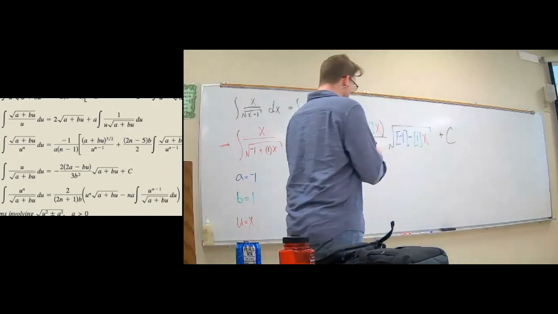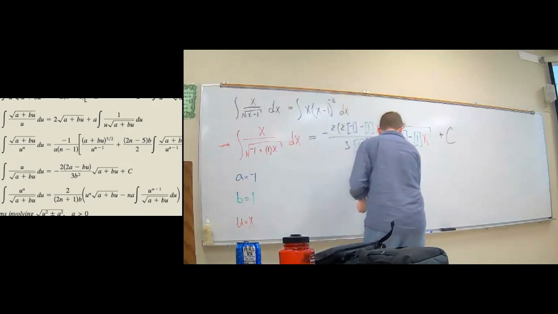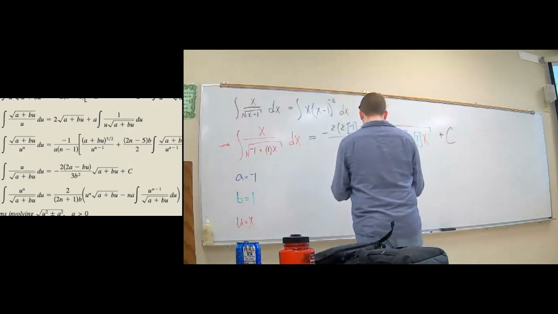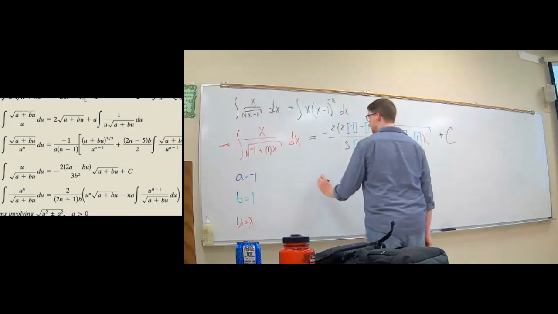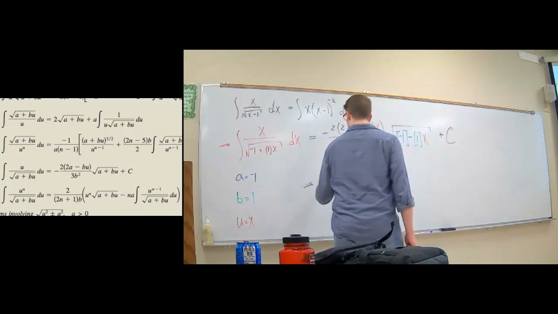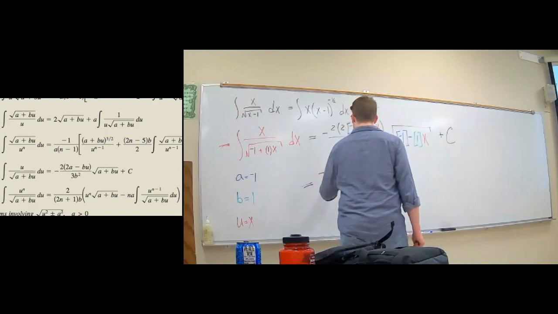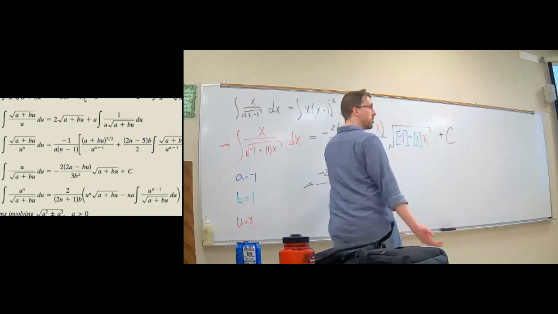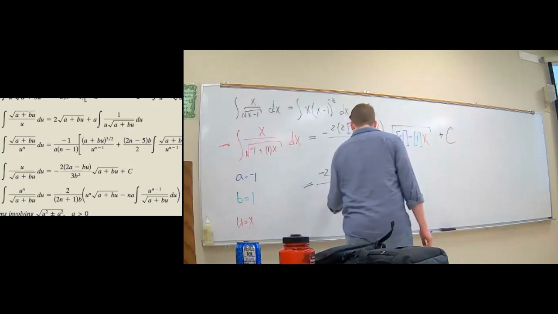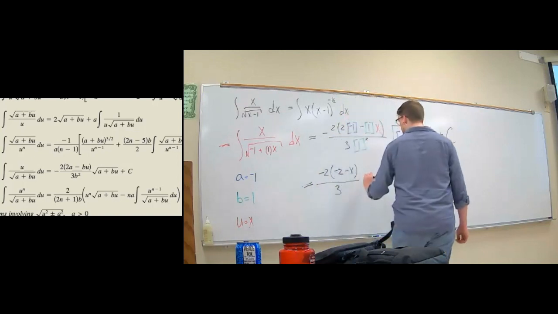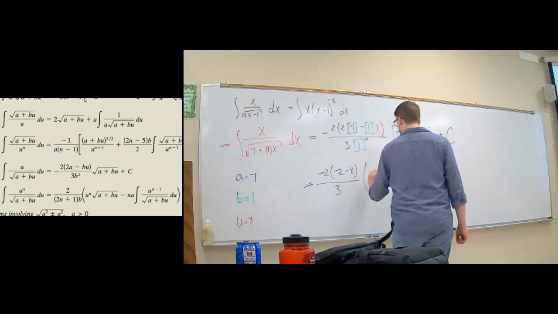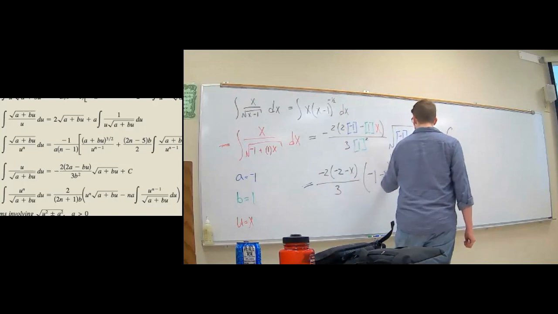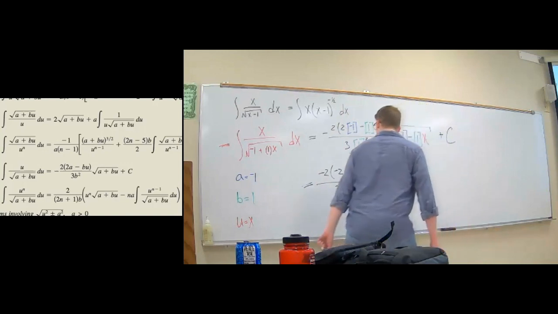Now we're going to say, cool, I got some simplifications that can happen in here. Start off with, we've got -2 times the quantity, -2, minus X, divided by, well, 1 squared is 1, so just 3 in our denominator. Come over here, 2, this is going to be -1, minus X, all that raised to the 1/2 power, plus a constant.